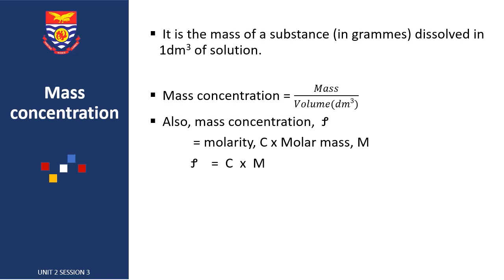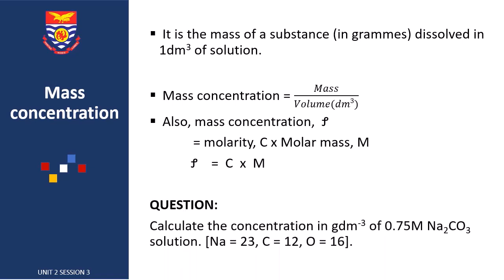So we have rho equal to capital C times capital M. We'll be using it a lot. One thing you should note whenever you are writing is the unit. We have said that mass concentration has the unit grams per cubic decimeter. So when you do any calculation and get a different unit, check your process well. You might have done something wrong.